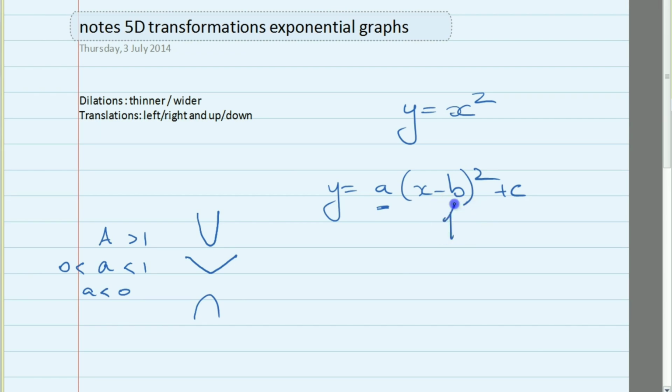We also had a look at the b, which controlled the left and right translation, or the movement of the graph left and right. If we had x minus 3 all squared, that moved it 3 units to the right. But if we had x plus 3 all squared, that moved it 3 units to the left.